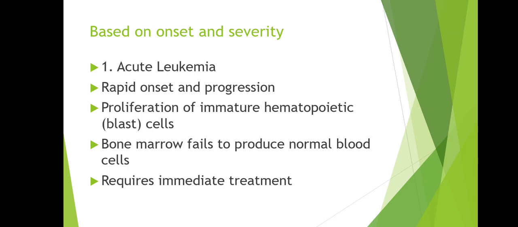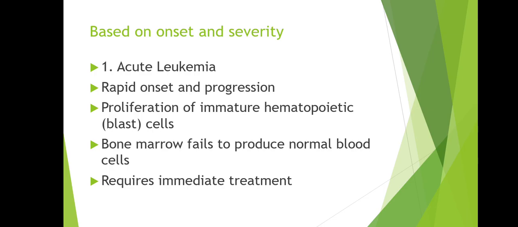That's where they are more like precursor cells, the mesenchymal cells where things are going to be produced. So there is going to be rapid onset in acute leukemia, and the bone marrow fails to produce normal blood cells because it is producing too much of immature cells and requires immediate treatment because it is acute.